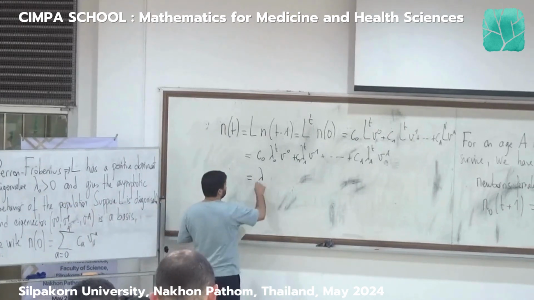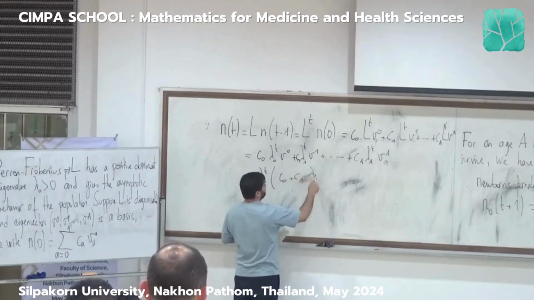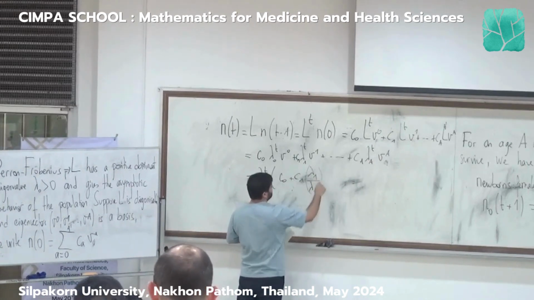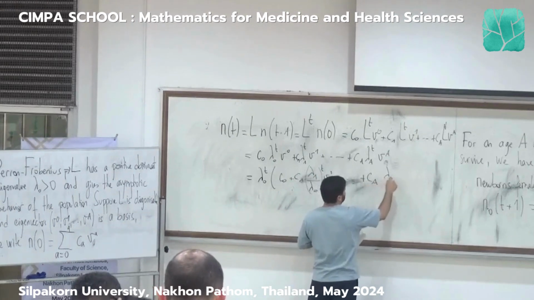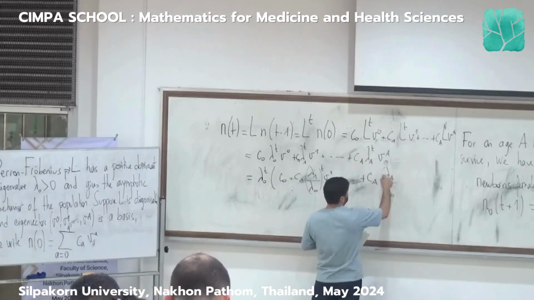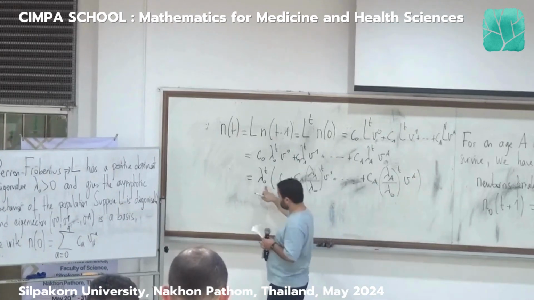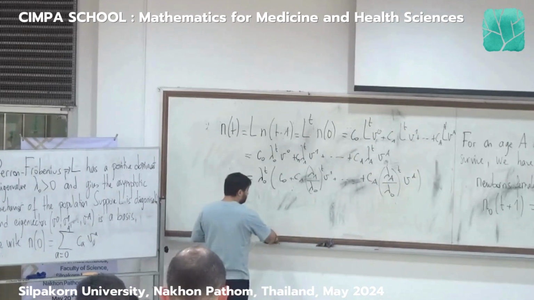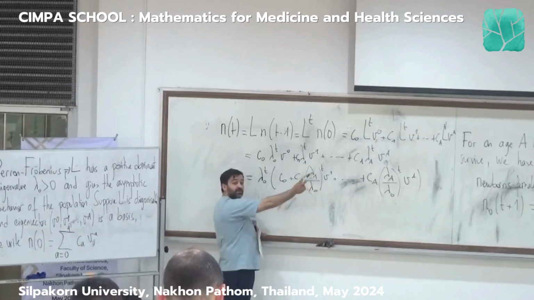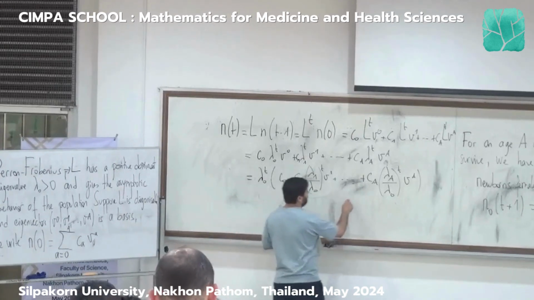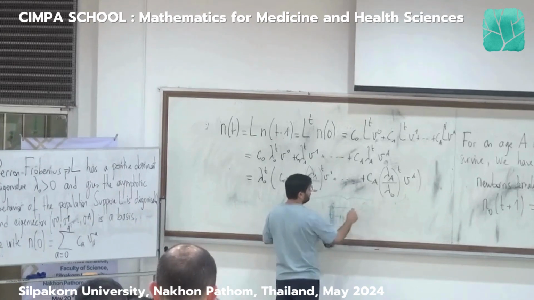So we put lambda 0 in front. I can do that because this is positive. And what happens when t goes to infinity? Because lambda 0 is greater than all the rest, all of these go to 0.